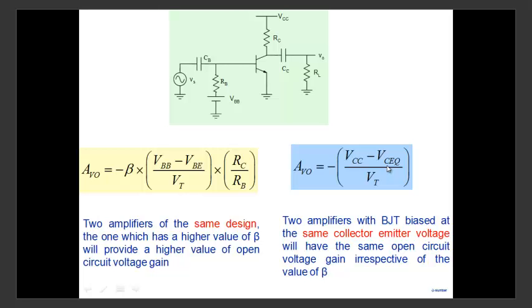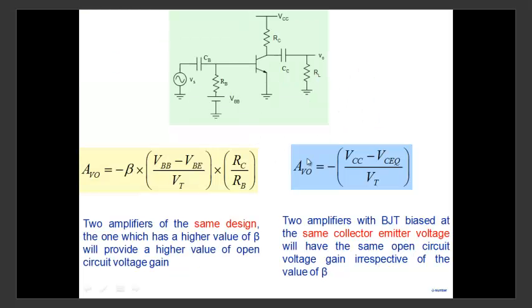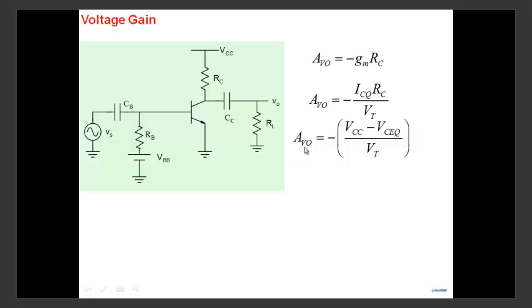Let me ask the question: what is the highest possible gain that you can get from this amplifier? Let's look at this expression. If you look at this expression, what will you do to VCEQ? You'll make it as low as possible, but how low can I make it?